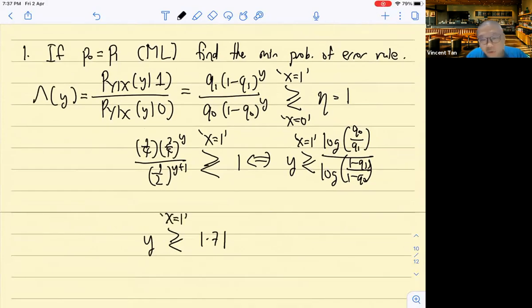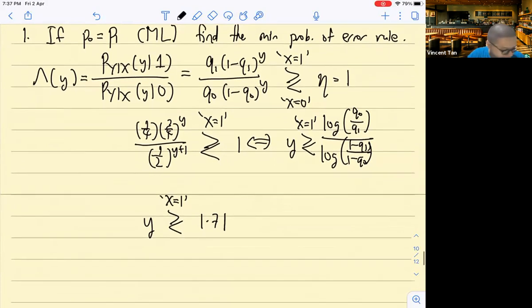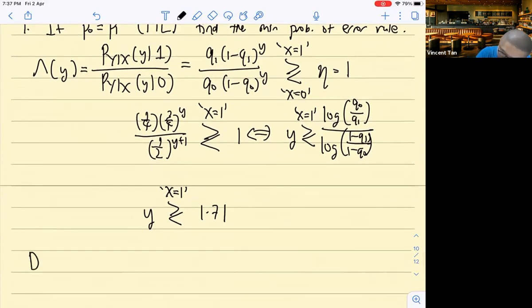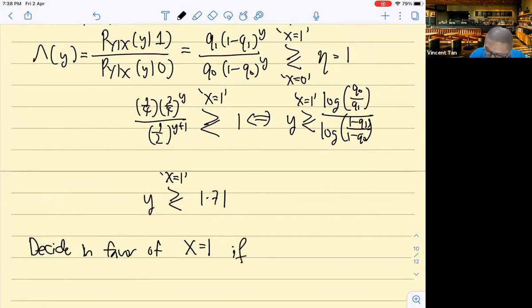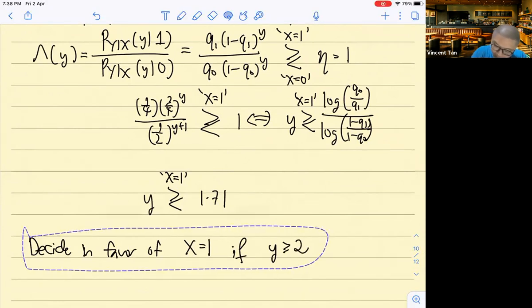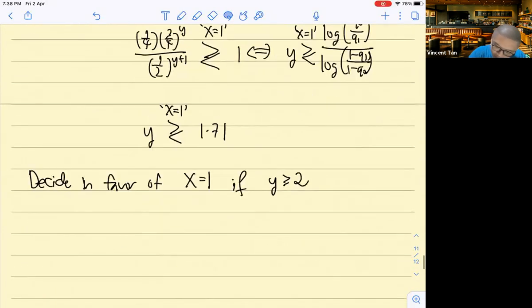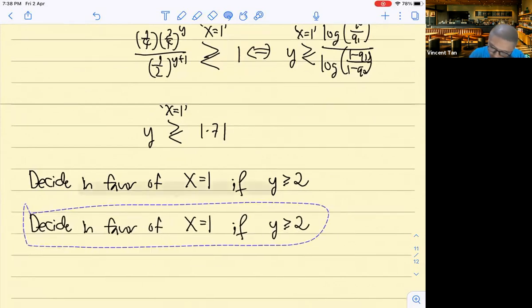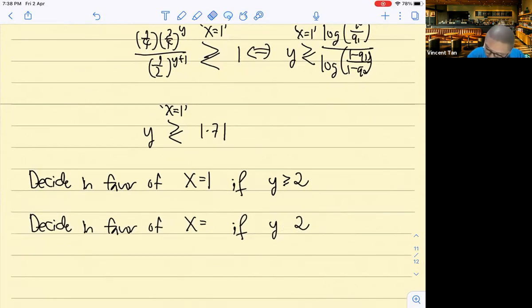Of course, y can only be an integer. So we decide in favor of x equals 1, the alternative hypothesis, if y, our observation, is bigger than or equal to 2. And of course, we decide in favor of x equals 0 otherwise, that is, if y is less than 2. That is our rule.